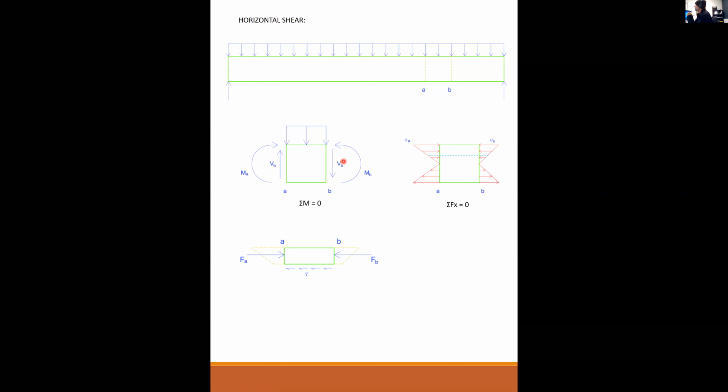So the sum of the forces in the y will still equal 0. But what we're concerned about is the horizontal shear, and the horizontal shear is governed by the horizontal forces.